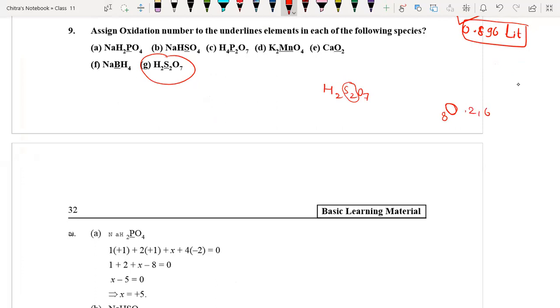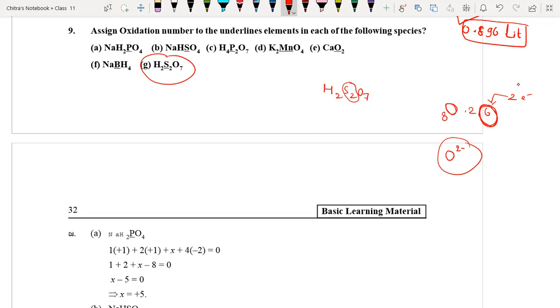The octet rule says every atom must have 8 electrons in its outermost shell, but oxygen has only 6 electrons in its outermost shell. So oxygen requires 2 more electrons to acquire stability. That means oxygen will acquire a 2 minus charge.